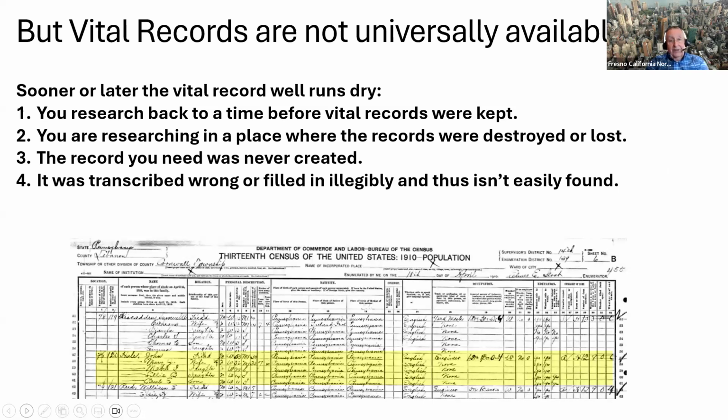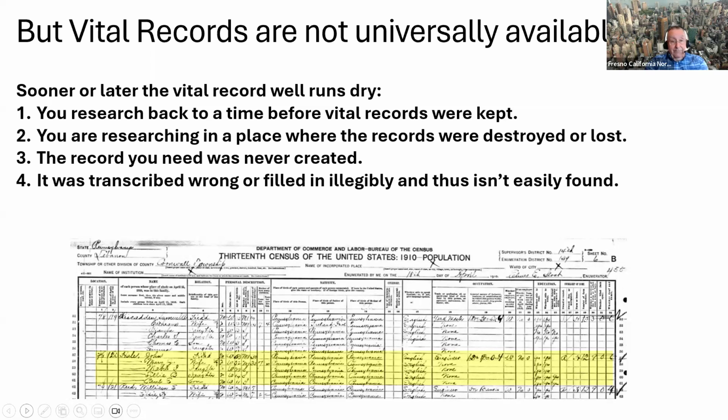As you research back in time, you're going to get to a point where there are no more vital records. And as you're reaching that point, you may actually find you're in a place where the vital records got destroyed or were lost. Fires and floods and things like that happen. You also may find out that apparently the record just never was created for your ancestor.